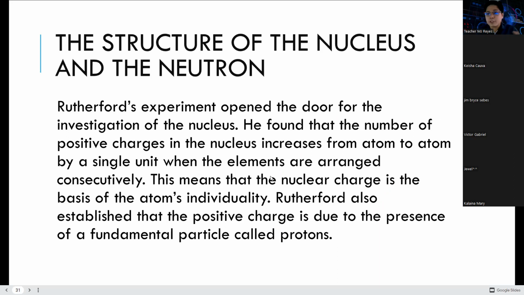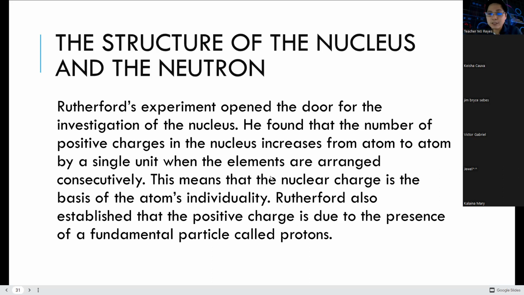Since Rutherford already found out that there is a central nucleus in a certain element, his experiment opened the door for the investigation of the nucleus. He found that the number of positive charges in the nucleus increases from atom to atom by a single unit when the elements are arranged consecutively.